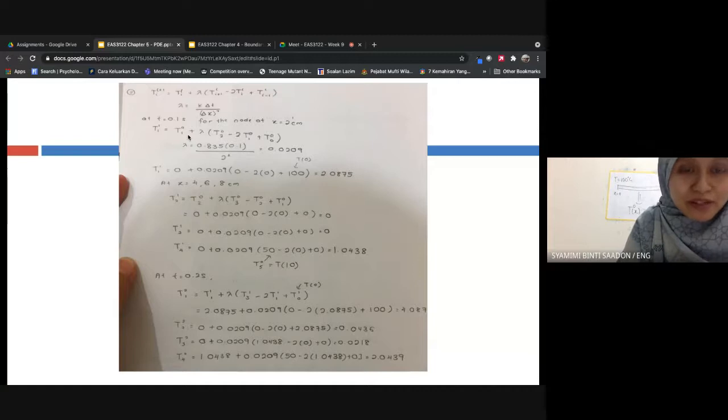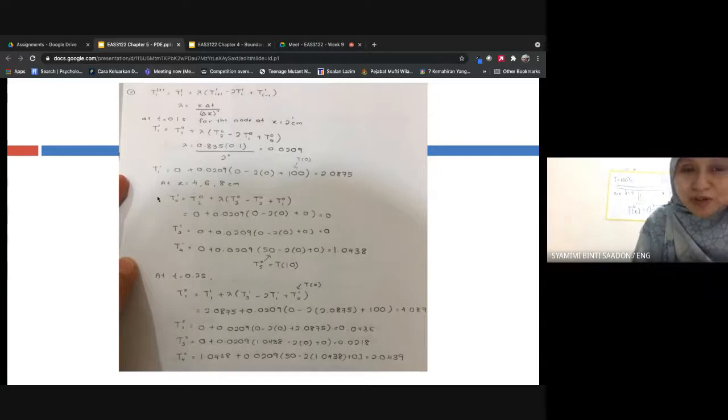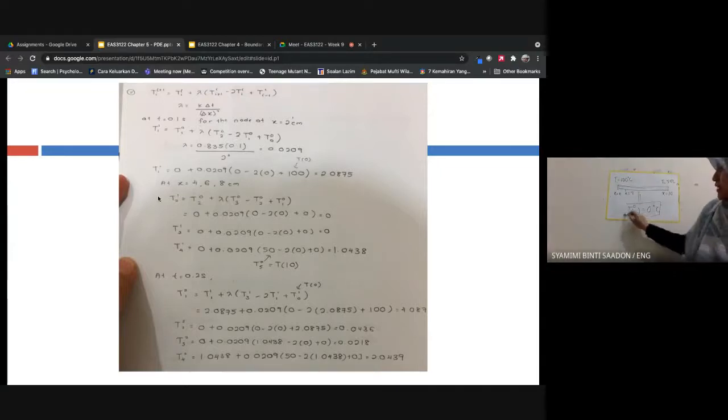So first, t1 is actually at x equals 2 centimeters, so node 5 will be at x equals 10. For the first time step, we apply this explicit method and calculate lambda. Lambda is a constant value. So we apply T10, which means at 2 centimeters, at the initial time, the temperature is 0. That's what we see here.